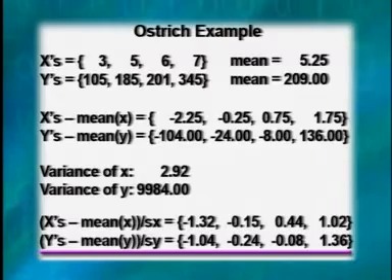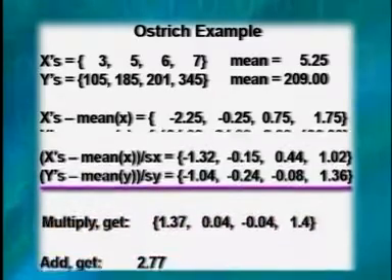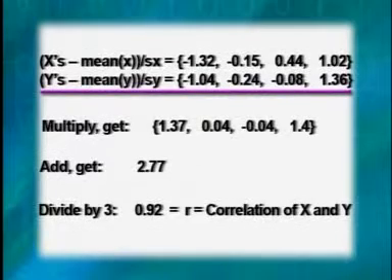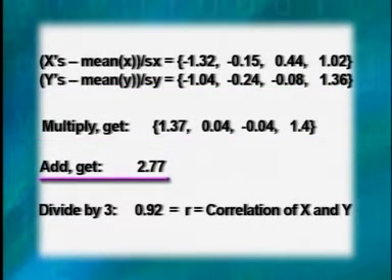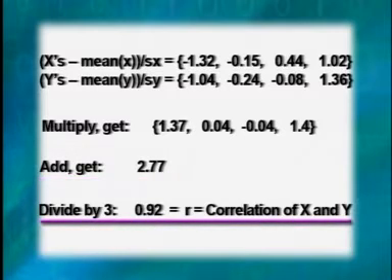These are the z-scores for each one. When we take the z-scores, we multiply them together, we add them together, and we divide by n minus 1. We have a total of 4 farms, so we divide by 3, and we get 0.92.